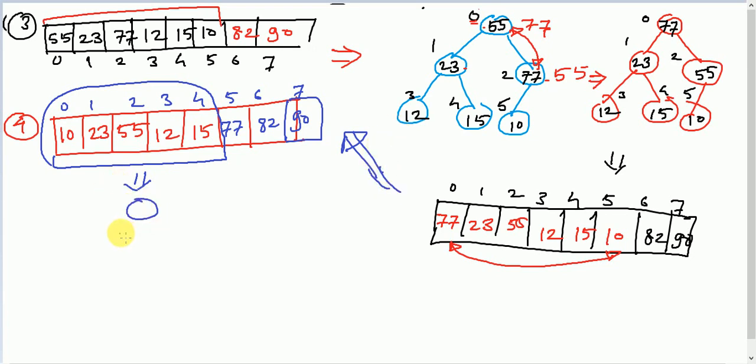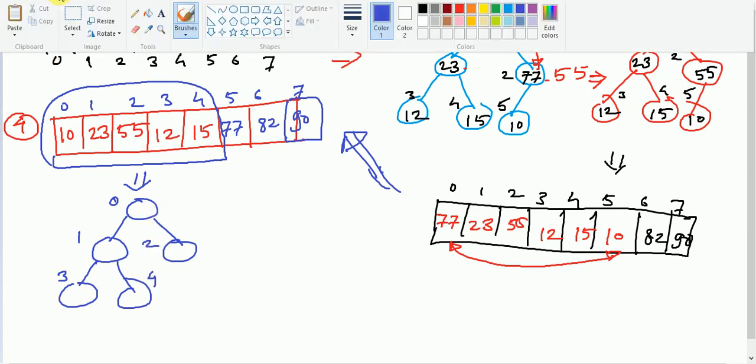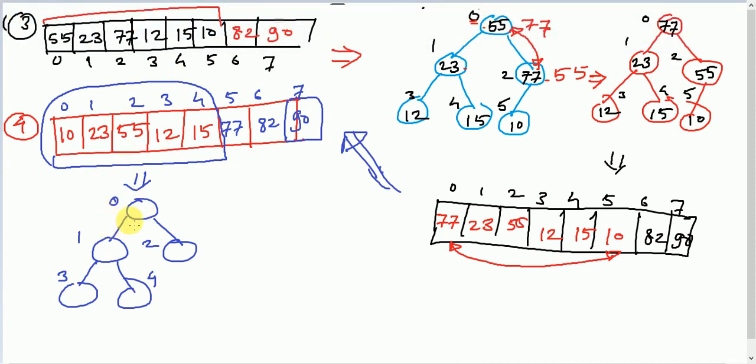that is 0, 1, 2, 3 and 4. This is index 0, 1, 2, 3 and 4. So here if I put these values, I'm getting 10, 23, 55, 12 and 15.